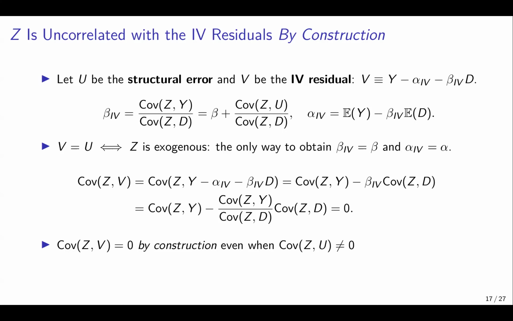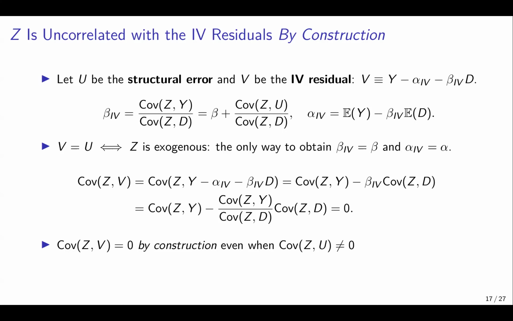Well, using our favorite rules of covariance and just simplifying things, what do we end up with here? Well, we actually end up with 0. So no matter whether beta IV is equal to beta and alpha IV is equal to alpha or not, we're always going to get a covariance of z with v that's 0.